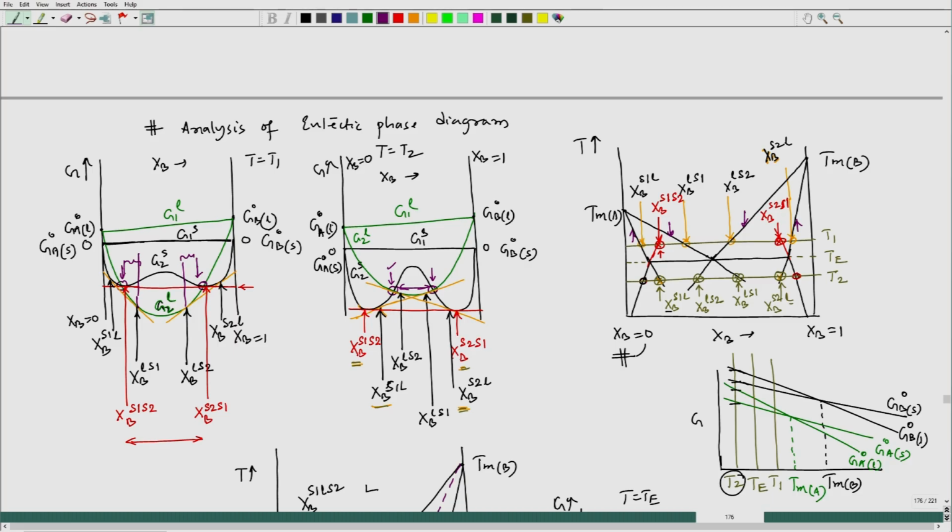So, the liquid will be metastable between those two regions, but stable between these two regions. In this region liquid would be stable because liquid has the lowest free energy, but between these two we have metastable liquid.